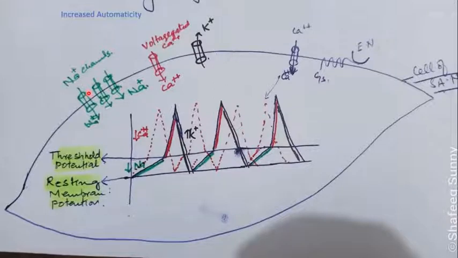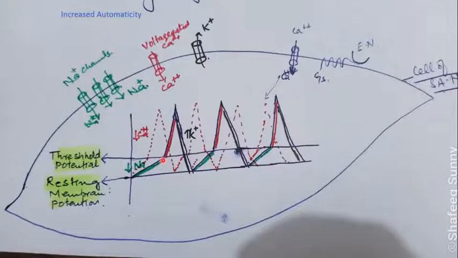These incoming sodium ions take the resting membrane potential towards the threshold potential. This sodium ion influx takes the resting membrane potential towards the threshold potential.